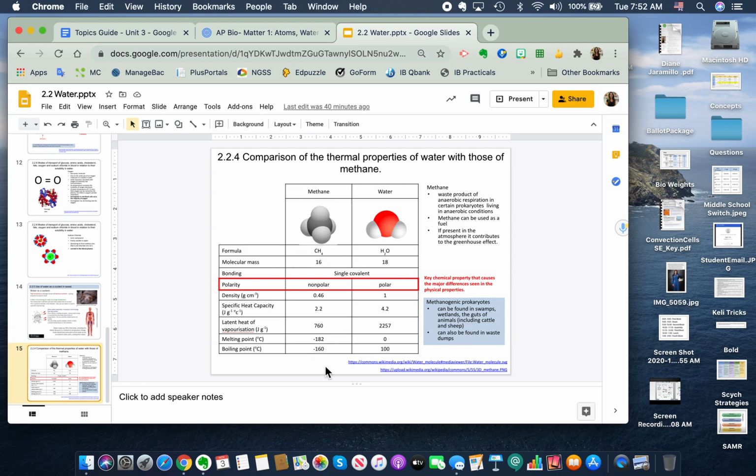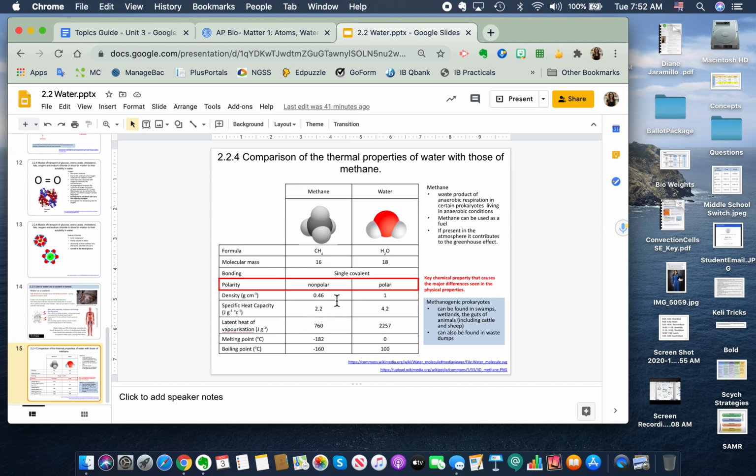So when you look at methane's characteristics, there's a lot of similarities, but the area that's here in red is that methane is nonpolar, where water is polar, which then allows for those hydrogen bonds to occur. So it's able to interact with so many other molecules. It's able to have a higher specific heat, a higher melting point, and a higher boiling point because of those hydrogen bonds compared to methane here.